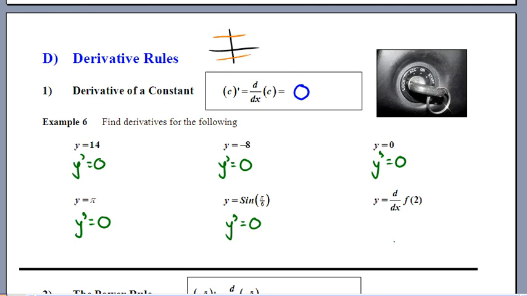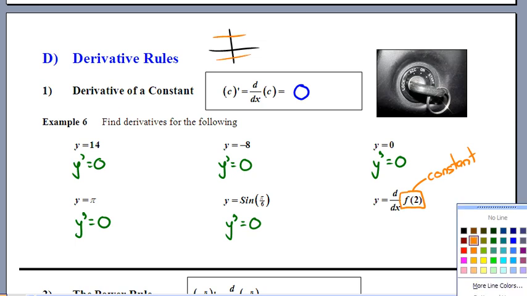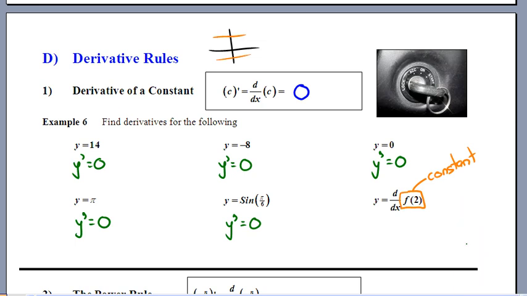This one here is interesting. It says, let's do a derivative, and then right here, this says the derivative of f of 2. Well, that's actually just some sort of constant where you go to the graph and find out what the y value is at 2. It might be 14, like the very first example here. So the derivative of this is actually going to be 0 again.